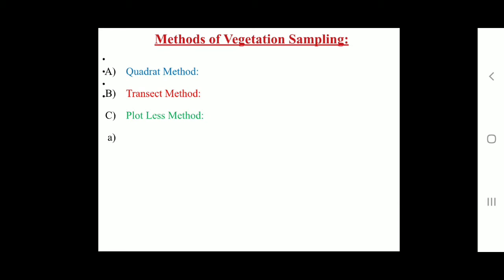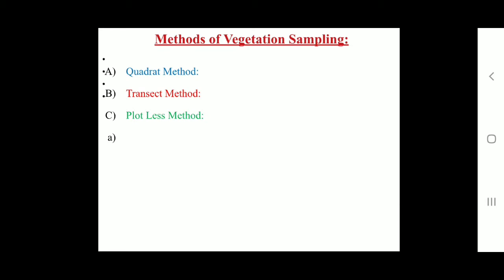It includes species diversity and helps determine the distribution of individuals among the species in a particular habitat. The vegetation sampling is necessary to understand ecosystem structure of a particular region at a particular time.